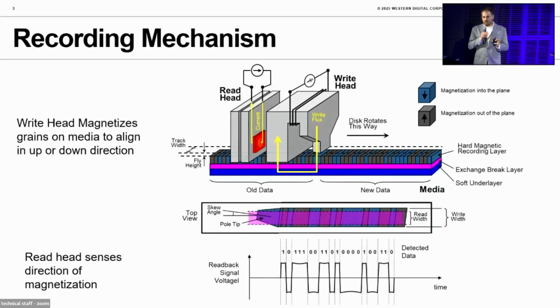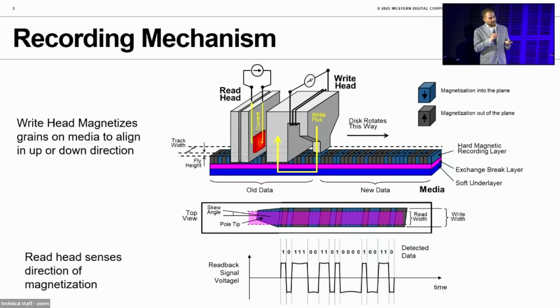From a recording mechanism perspective, HDDs today work on magnetic continuous media. We're flying an armature for our magnetic write head and read head over our magnetic media. We're using perpendicular magnetic recording today, so we're passing a write flux through the media and then back out through the write coil.